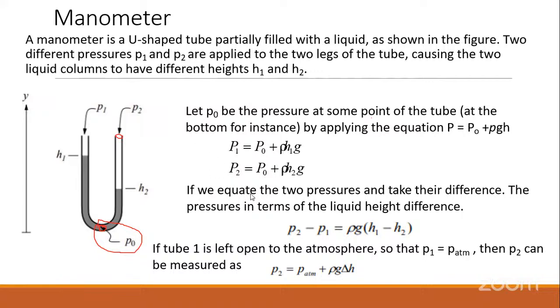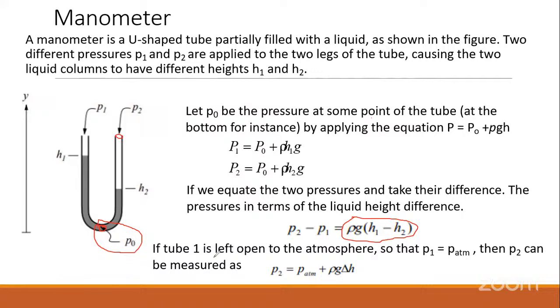So now, if we equate these two expressions, P2 minus P1 will give us this formula, rho g (h1 minus h2).